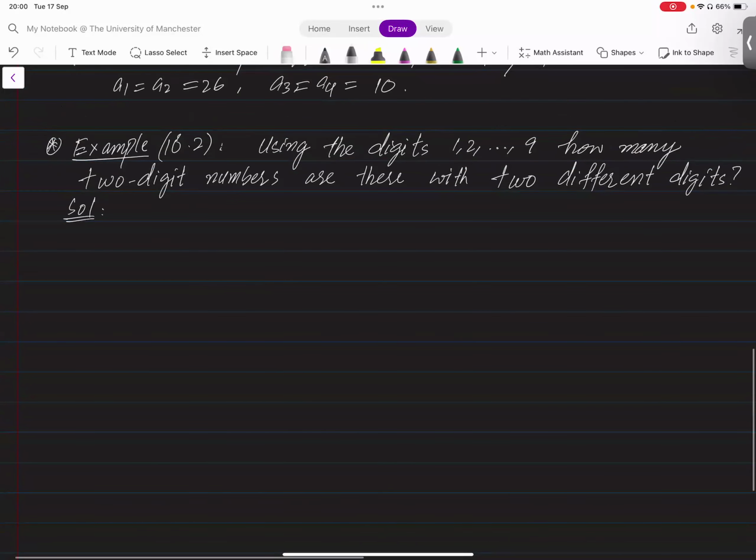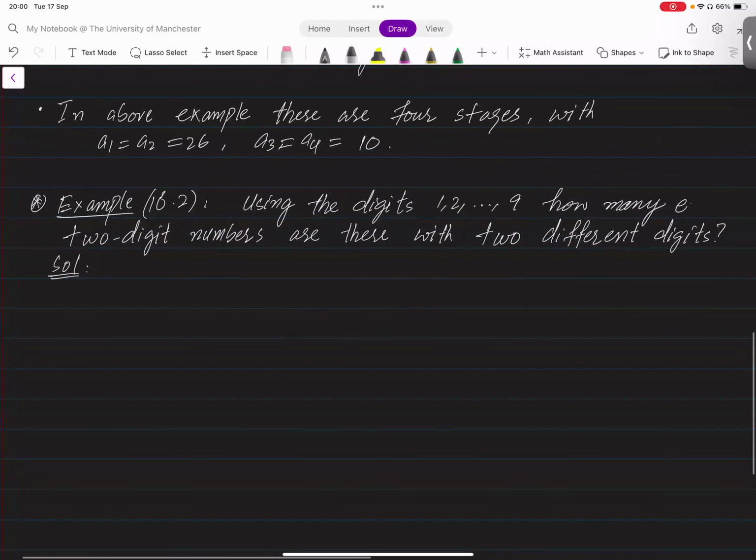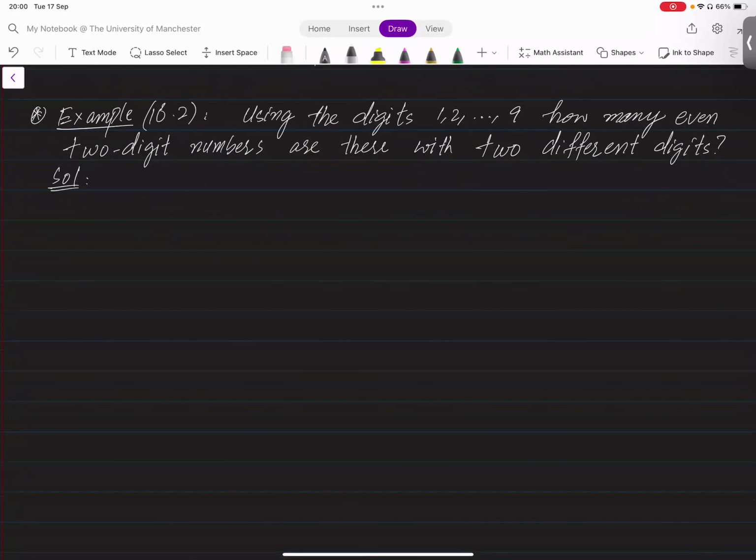There's a condition that we want even two-digit numbers. So we consider the following two-stage process.